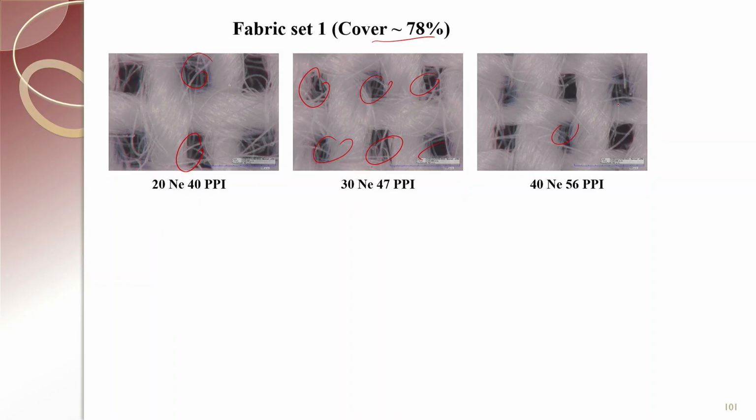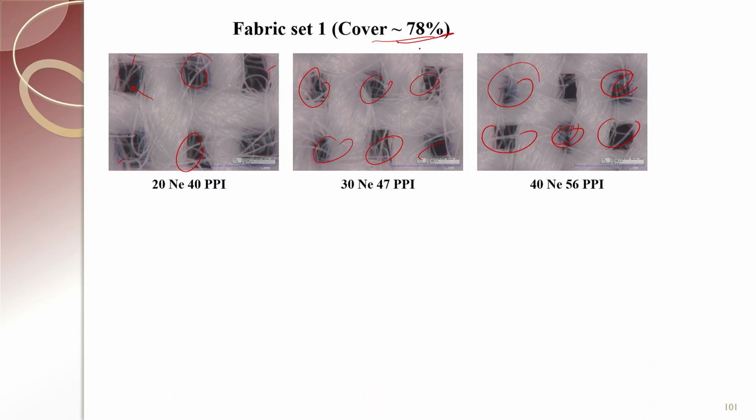Now, here one should see very carefully the effect of the yarn hairiness blocking is more in case of the closer weave, that is more closer yarn for the same cover factor.